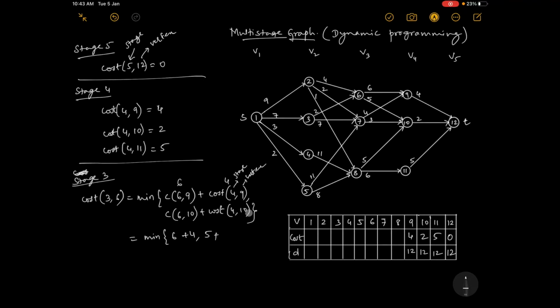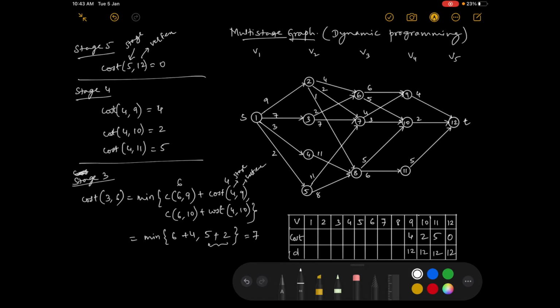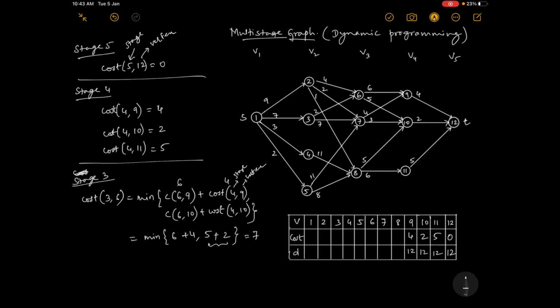So this 10 vertex is giving me cost 2, correct? So which is minimum? Minimum is this, so this is 7. So hope you have understood.